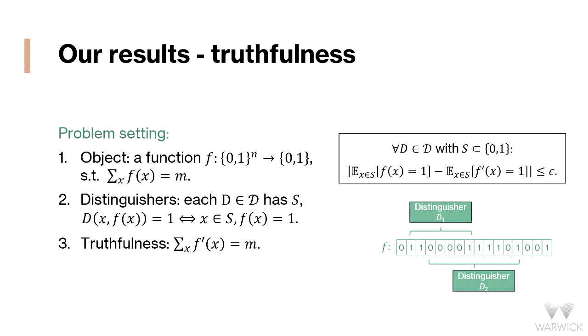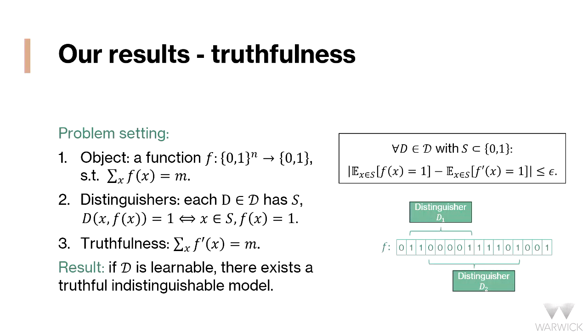And what we want is to keep the number of ones in the function. So if the original function has exactly m ones, we want our model to also satisfy this property. And what we're showing is that if this collection of distinguishers is learnable, which I'm going to explain in the next slide, then we can do it. So how do we do it, and what do I mean by being learnable?